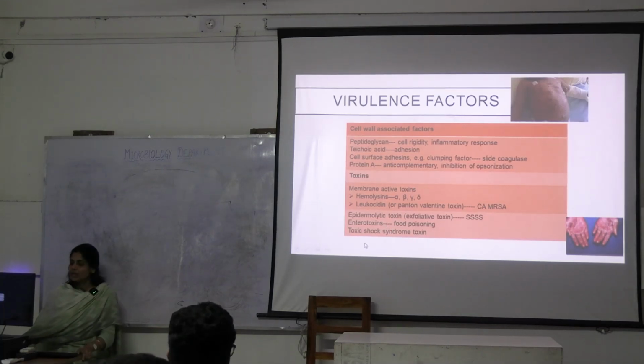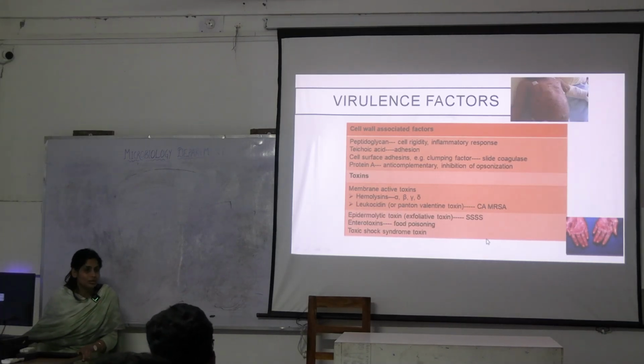Okay? Then, toxic shock syndrome toxin. This toxin is mostly seen in the females, usually using tampons in menstrual cycles. If you keep them for longer time and they get trapped in this tampon, this toxin is released, absorbed in the mucosa, goes into the blood vessels, and the person goes into shock.